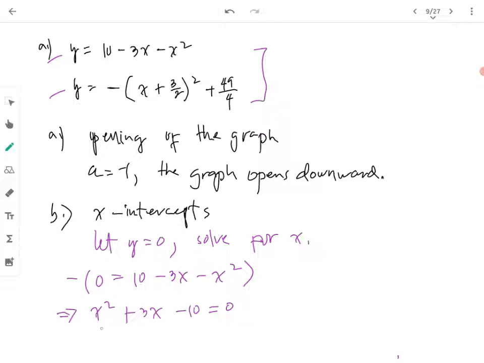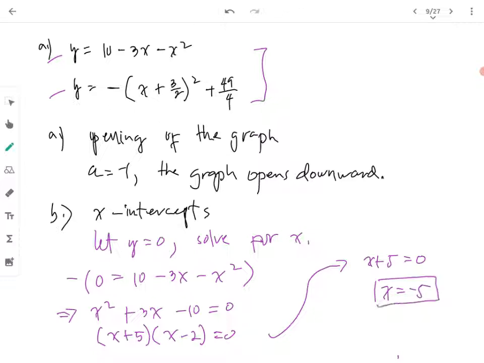But I think this is factorable, so we'll solve it using factorization. We have x plus 5 equals 0, and that will give us negative 5.